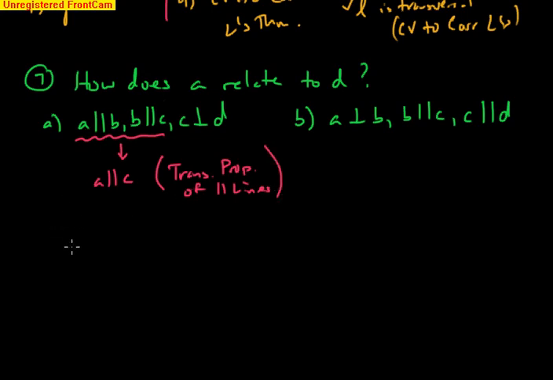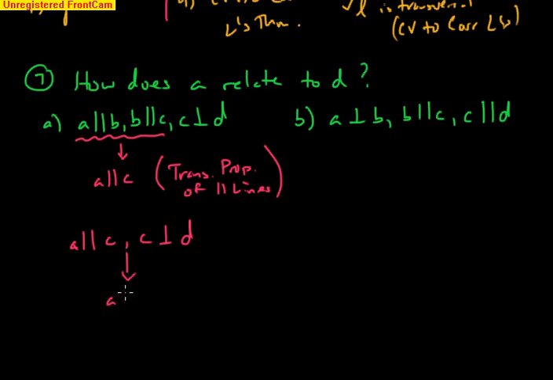So now, these two are gone, and we have A is parallel to C, and C is perpendicular to D. So now the question is, how do A and D relate? Well, D is perpendicular to one of the parallel lines C. That means D is perpendicular to A as well. So what does this mean?